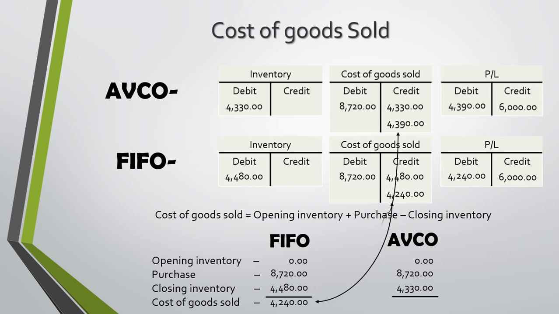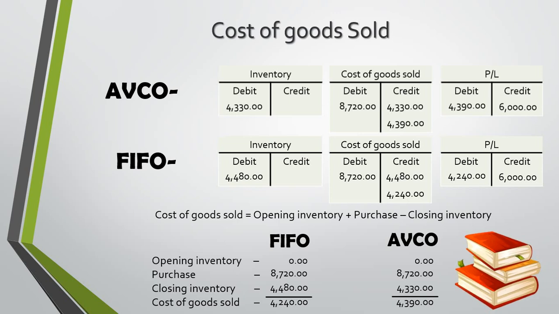We can face the question of what basis a business chooses between these two methods. It depends on the nature of the inventory. For example, if it's food or something with a short useful life, it's advised to use first in, first out. Otherwise, you can use the weighted average costing method.